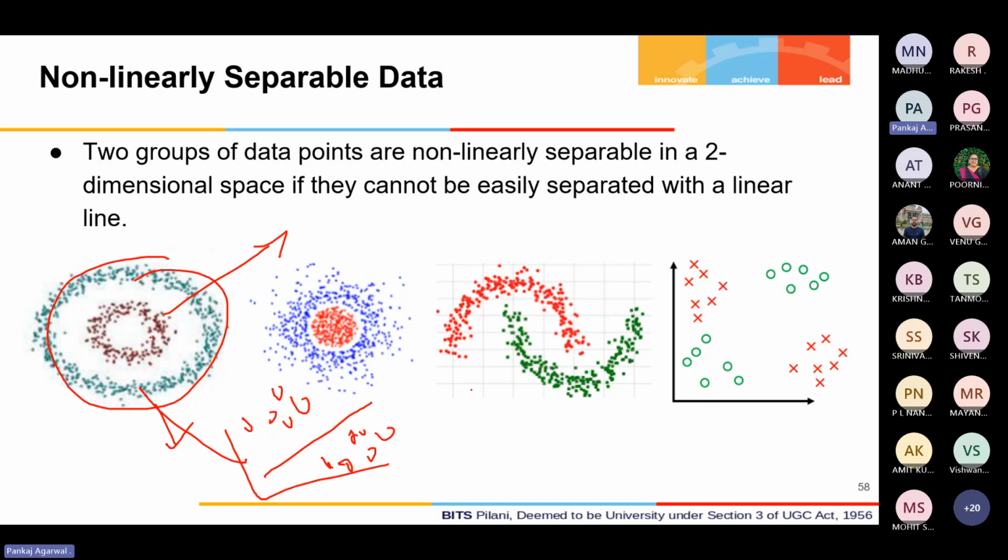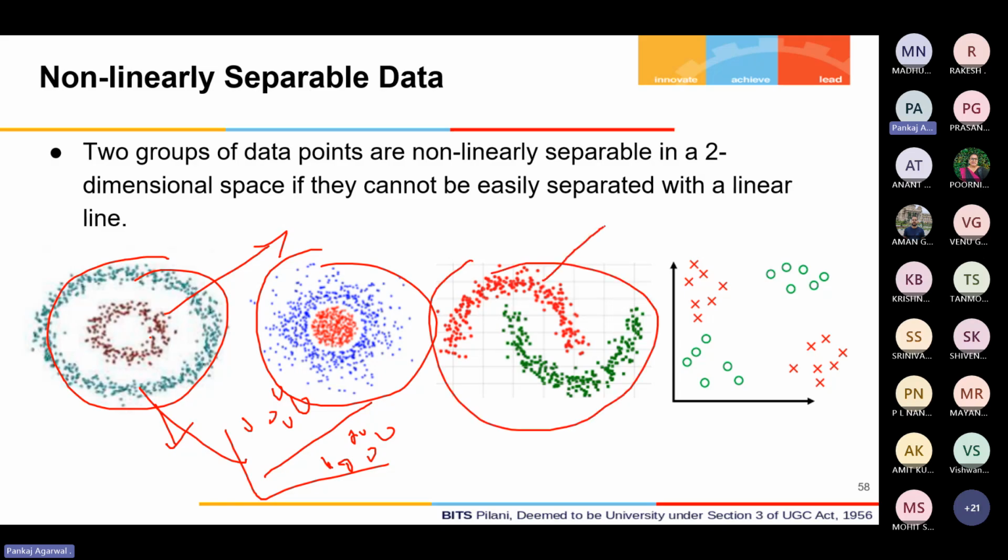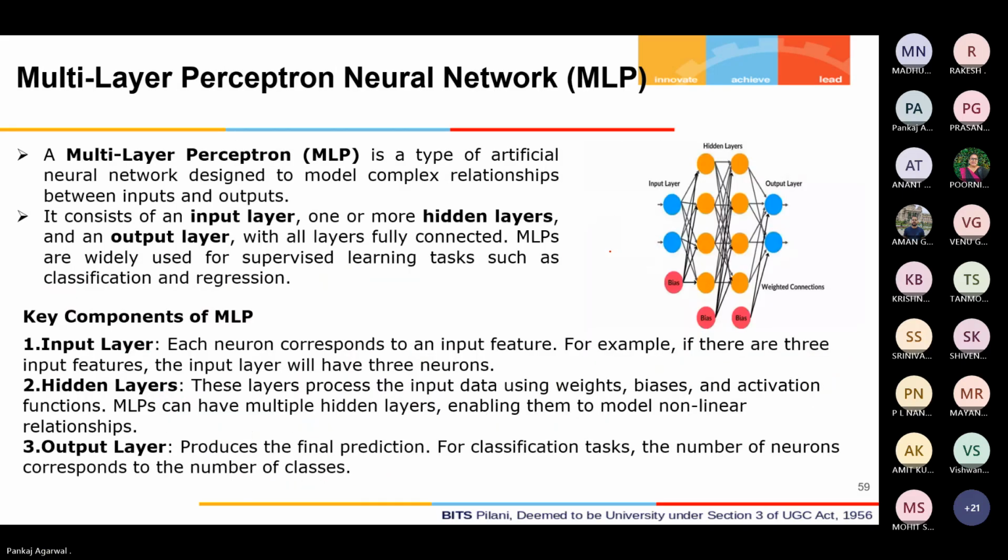So the entire thought process now would shift towards transforming the representation of these data points into another representation, and technically we say representing the data points into higher dimensions, right? So the entire thought process would lie upon that.